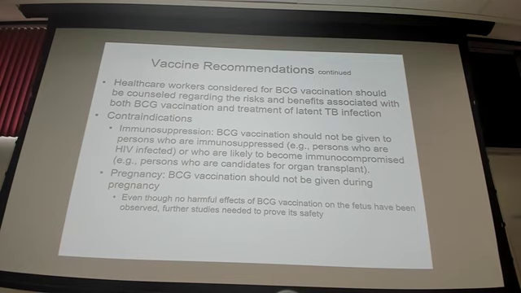This can be fatal in those people because those bacteria, even though they're relatively avirulent, can replicate if you don't have a competent immune system, so you can actually kill someone vaccinating them that way. Pregnancy, usually not a super good idea. Better to avoid it.